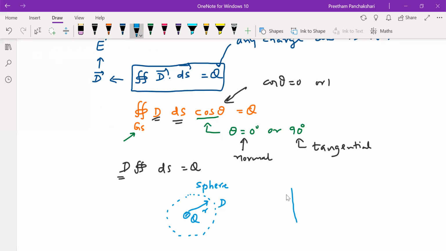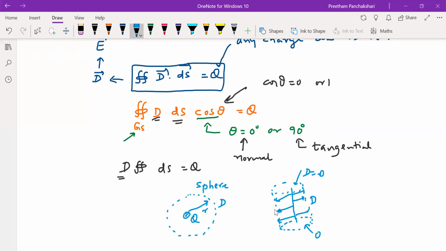Similarly, if we have a line charge, then we visualize a cylindrical closed surface around the line charge. So that the electric flux density on the cylindrical side becomes constant, that is D. On the top surface, it becomes 0. Bottom surface also, it becomes 0, because D is tangential to the top and bottom surfaces, but normal to the cylindrical side.